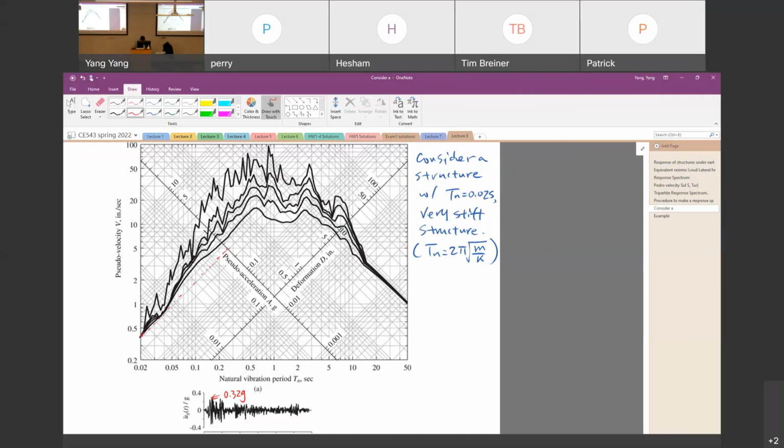What is the spectral value for the structure if it has a period of 0.02 seconds?